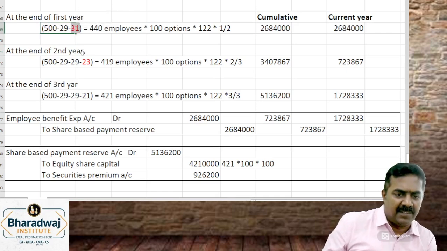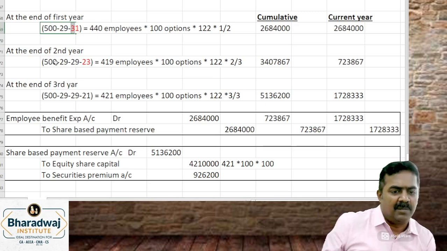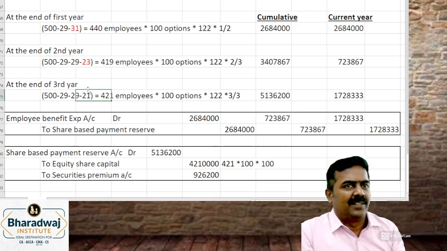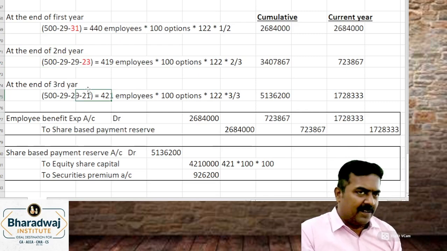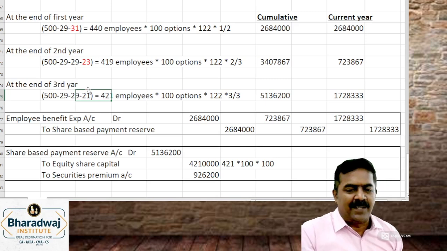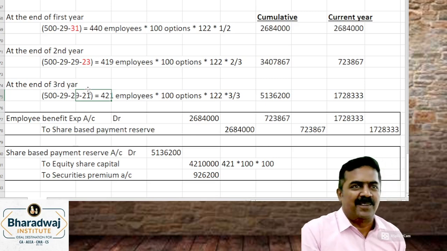They expected only 31 to leave in the second and third years put together. But 29 left in the second year itself, and a further 23 are leaving. So an estimate need not be equal to actual. Because of that some variations can come, considering the materiality of the amount involved.